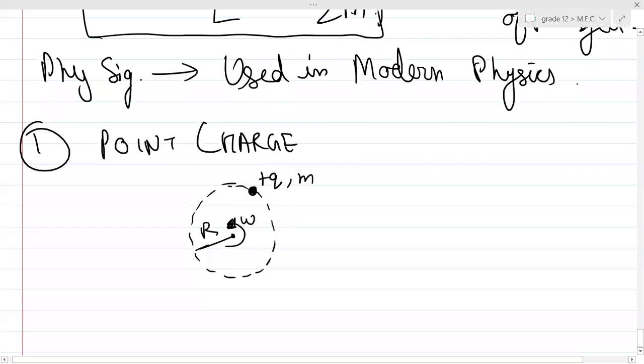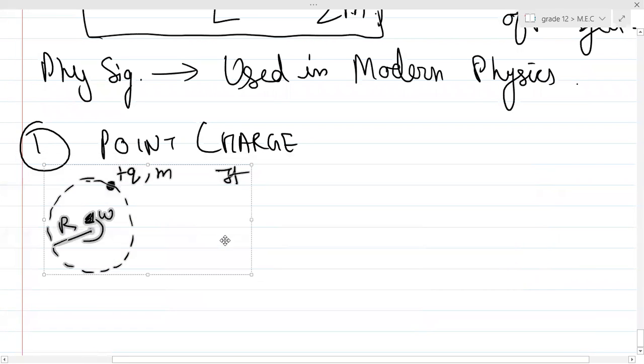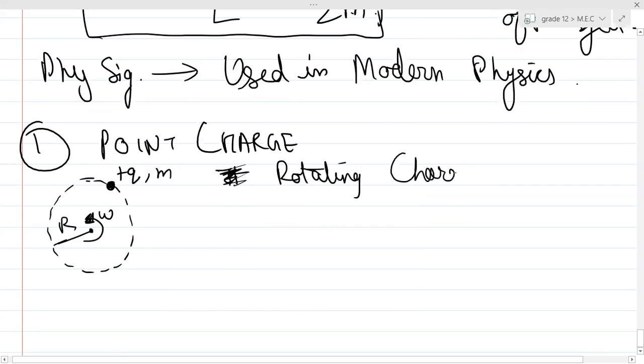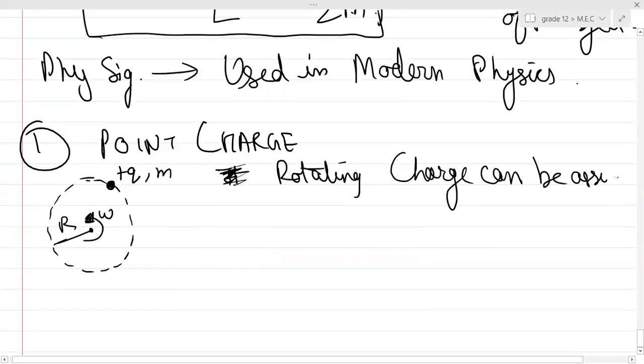Please remember, a rotating charge can be assumed as a current carrying loop.